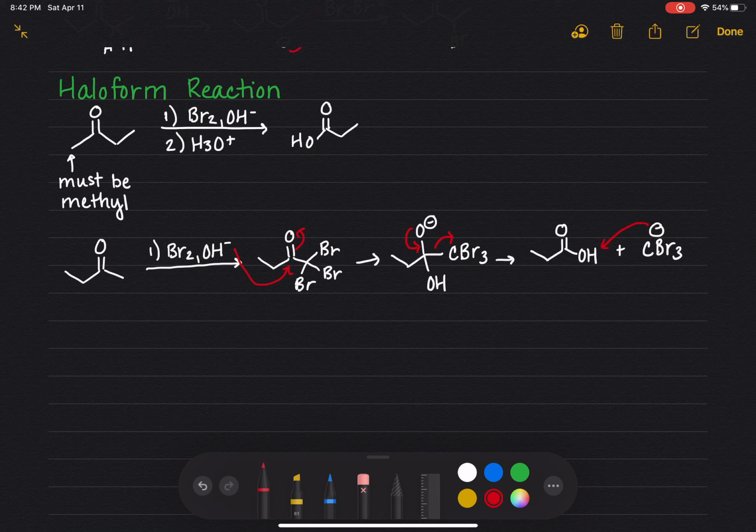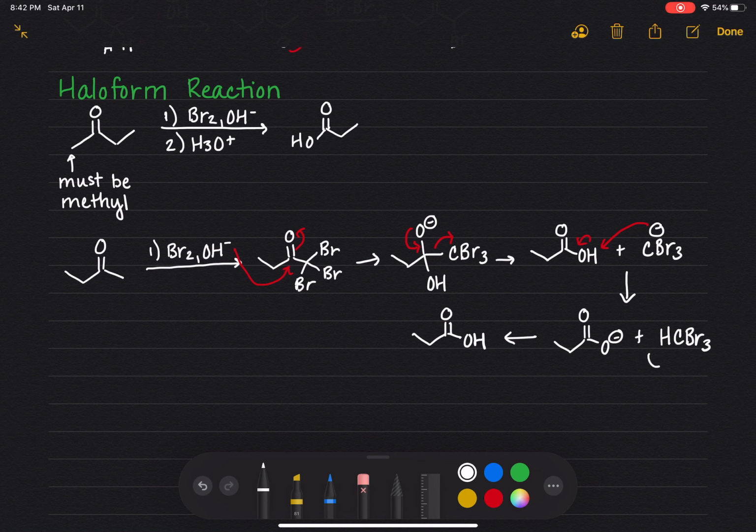So it's going to go after this carboxylic acid that we formed, and we're going to end up making a deprotonated carboxylic acid and HCBr3. This deprotonated carboxylic acid, we've got that step 2 H3O plus that we're bringing in, so it's going to put the proton right back on it, no big deal.